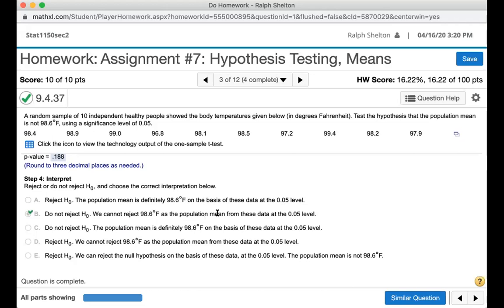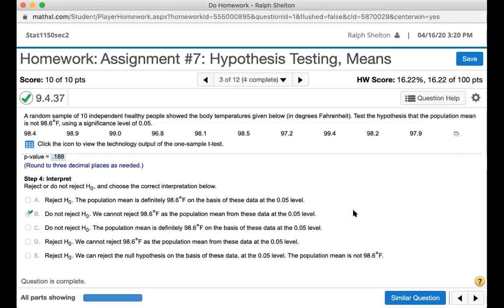We cannot reject it. That's all this says, is we cannot reject 98.6 from the data at the 0.05 level. That's correct. So do not reject. But we cannot say that the population mean is definitely that value. So B is the right answer.